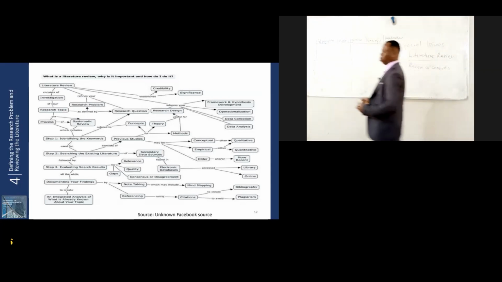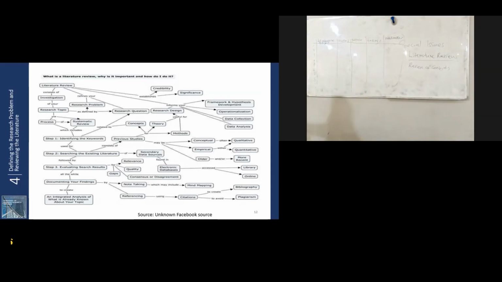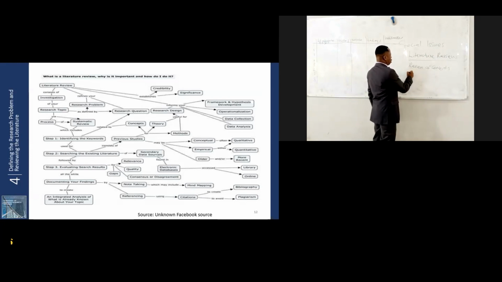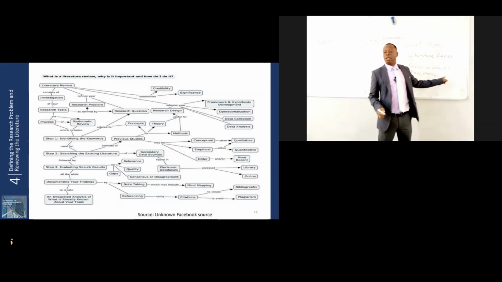So if I'm writing on remittances, stock markets, and financial development, then I have concepts. One concept is remittances. I have to define it and then operationalize it.